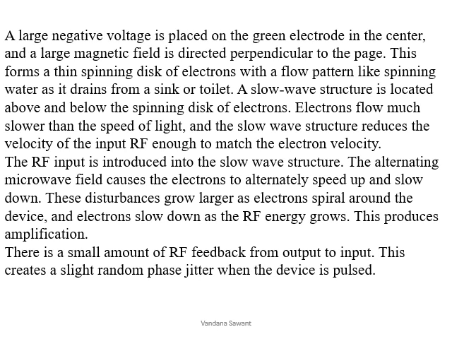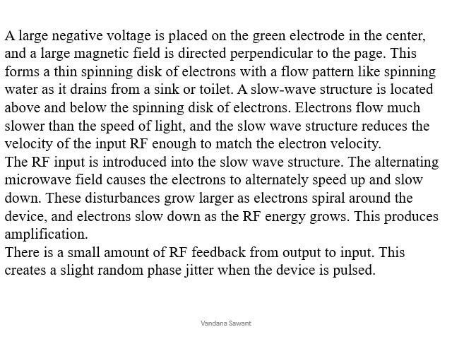When a large negative voltage is applied to the cathode, which is the green electrode at the center, and a large magnetic field is directed perpendicular to the electric field, that is perpendicular to the page, this forms a thin spinning disk of electrons.